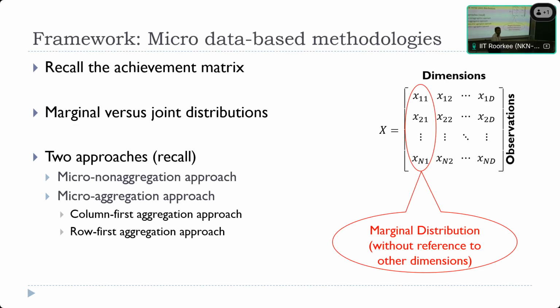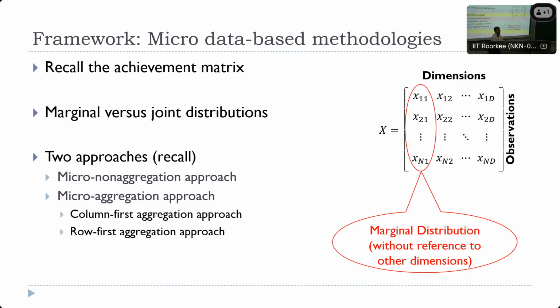Is it sensitive to joint distribution? No, because we are using the marginal distribution. You are already aggregating the marginal distribution first, then you are aggregating across those aggregates. The column first aggregations are not sensitive to joint distributions.